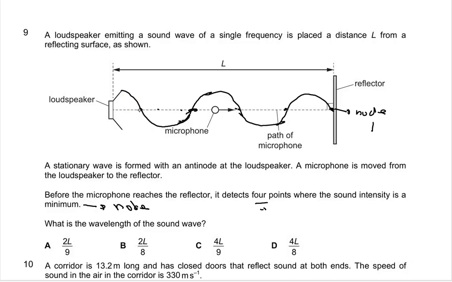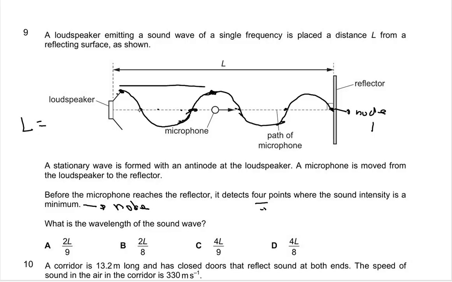What is the wavelength of the sound wave? In this length L of the tube, it begins from the node, and then node to the next and the third loop.